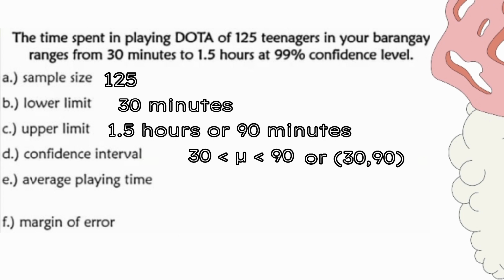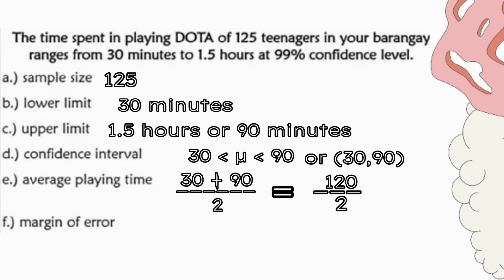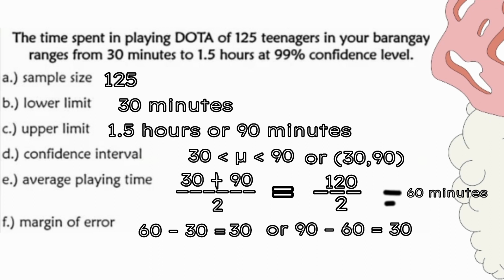To solve for the average playing time, we just have to add 30 and 90 and then divide by 2. 30 plus 90 is 120. 120 divided by 2 is 60 minutes. For the margin of error, we have 60 minus 30, that will give us 30, or the upper limit 90 minus the average playing time 60 is also equal to 30.